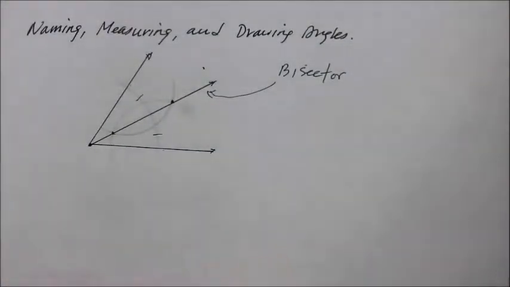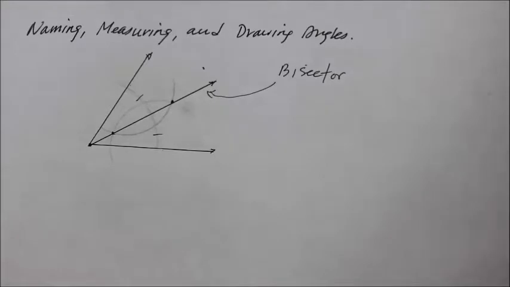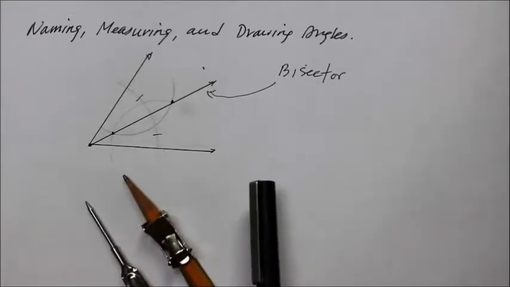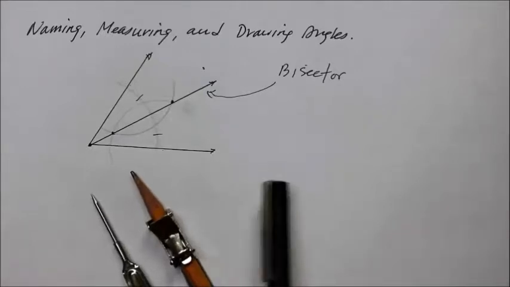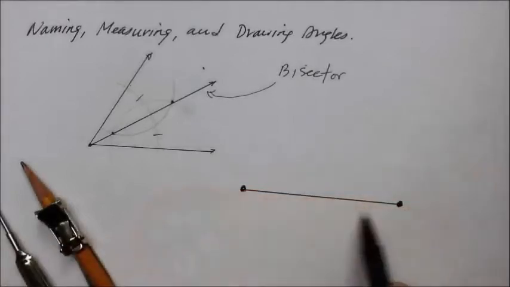And since we are now bisecting an angle, we can use the same method using the compass to bisect a segment, a line segment, or to find the midpoint. Let me demonstrate. How do you find the middle?